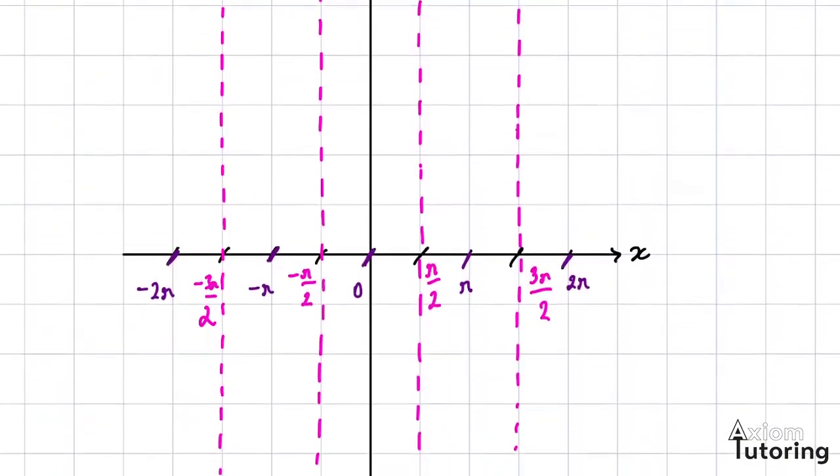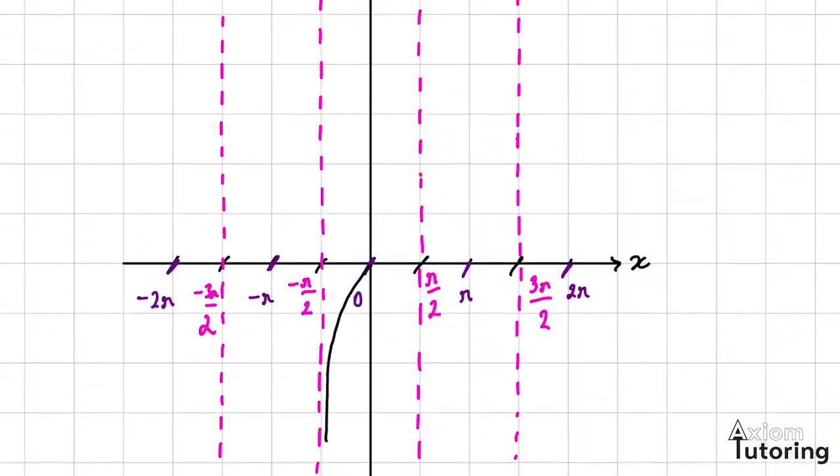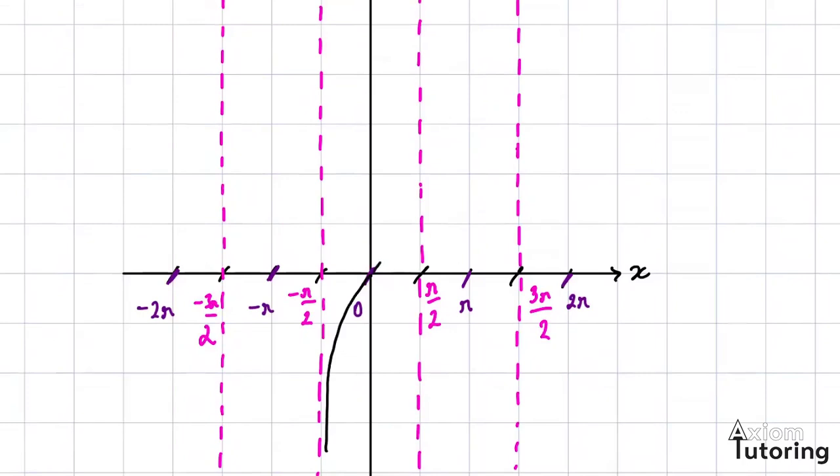And now I can give a sketch here. So the tan graph is approaching, but it never touches those asymptotes. And the same thing is happening on the right here. So it's approaching. And again, you repeat that tan graph here, making it a smooth, continuous curve, approaching the asymptote.